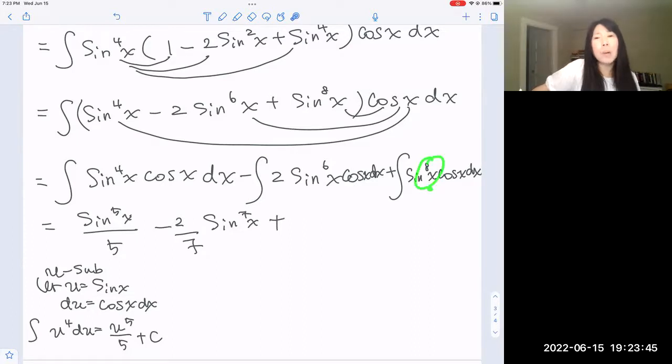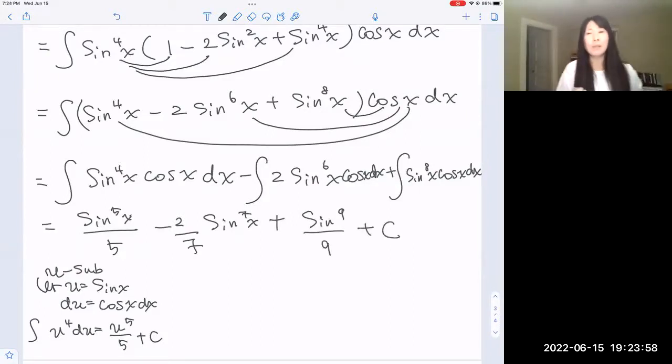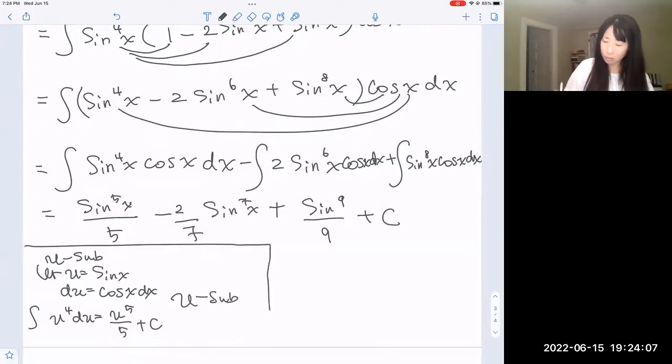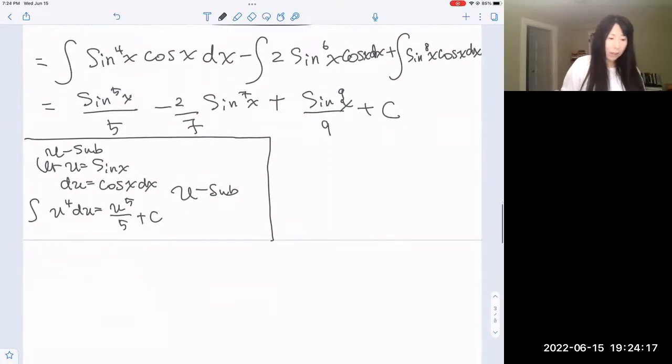Integrate this power. We already had the u sub, it is 9, good. So positive, plus c. This is how we do it. Should there be an x there? Sine 9x? Oh, thank you so much. Yeah, good job.